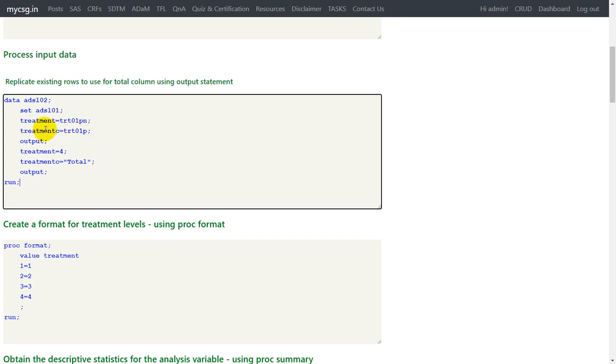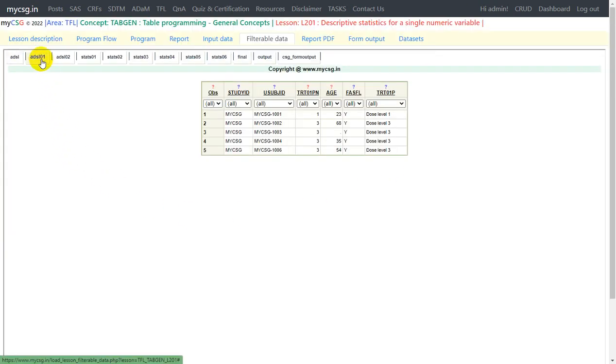Then I am outputting the row and assigning a value of 4 to that treatment. So along with those three treatments, I am creating one additional row for each subject so that the subject gets counted under the total column. We'll now see how our ADSL01 looks.